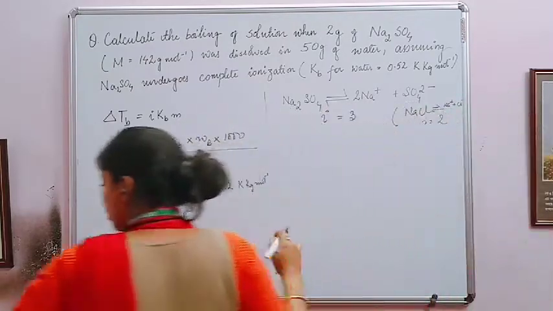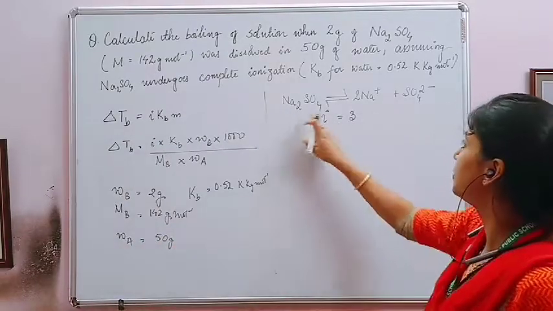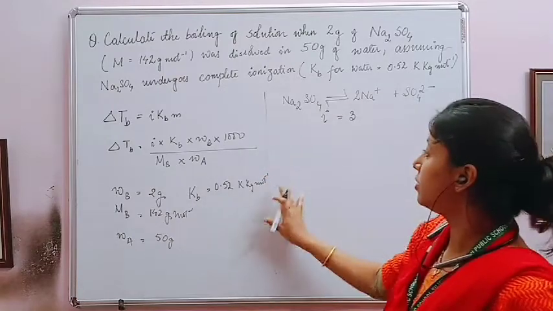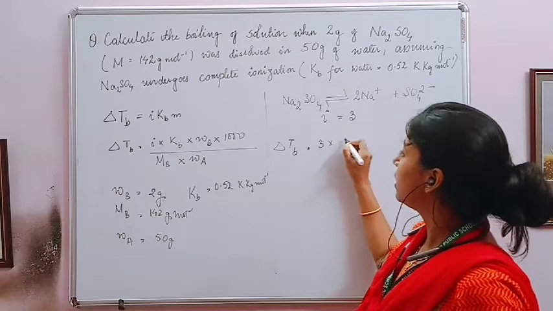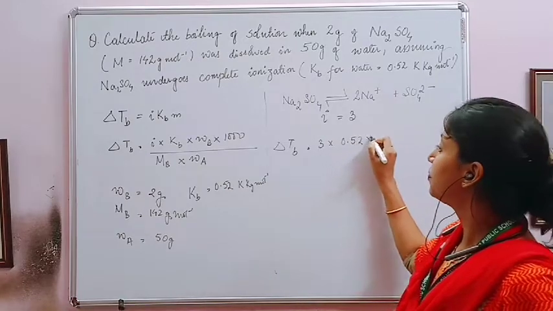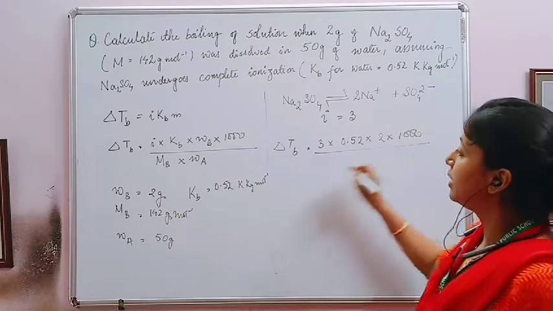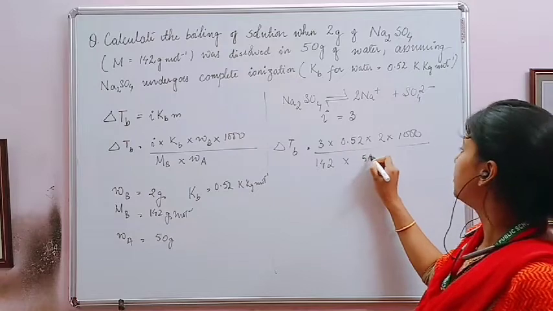Here we have calculated for sodium sulfate and i has come out to be 3. So we have got all the required information. Let's put it there. So delta Tb is equal to 3 into 0.52 into 2 into 1000 divided by Mb is 142, Wa is 50.